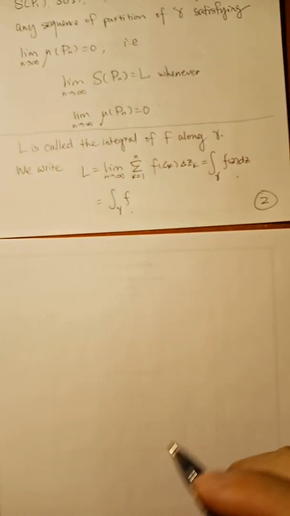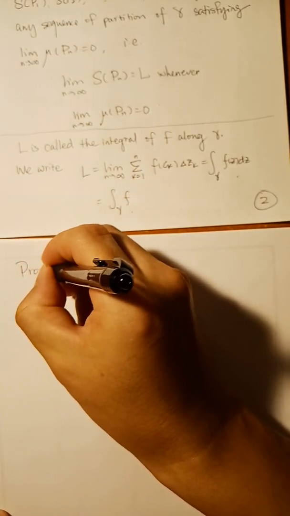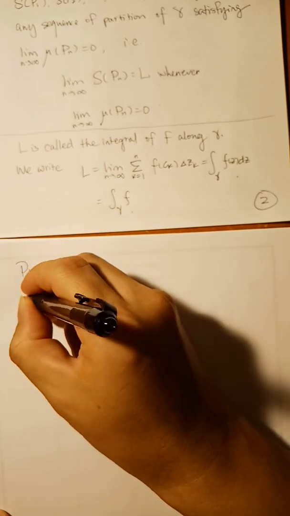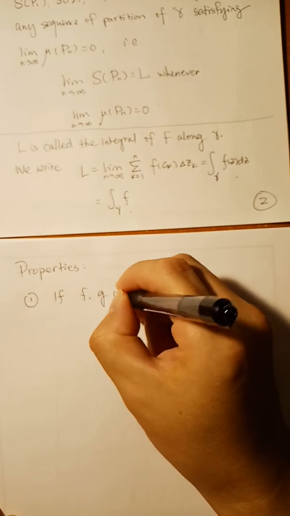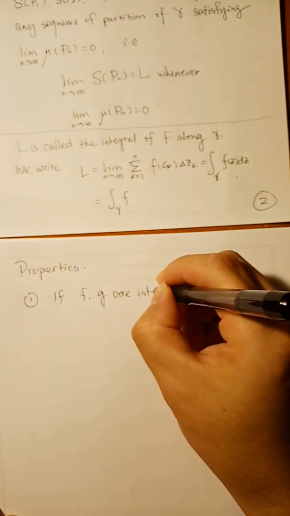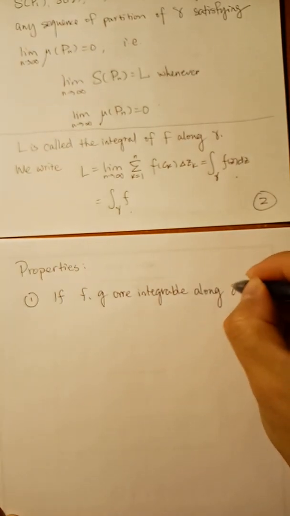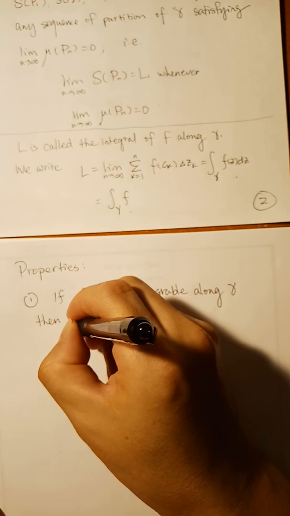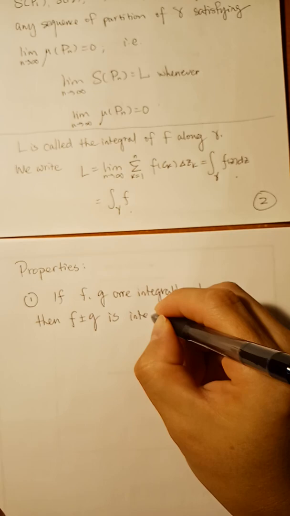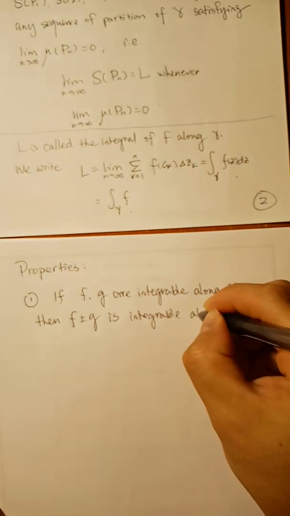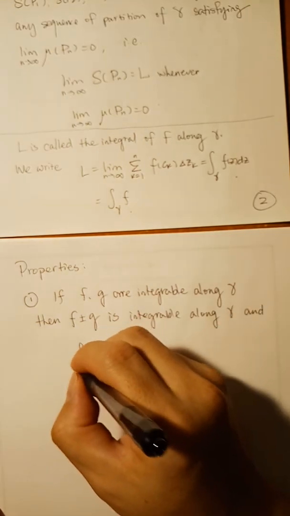So it shares similar properties. First, if f and g are integrable along gamma, then f plus or minus g is integrable along gamma, and we have this quantitative result.